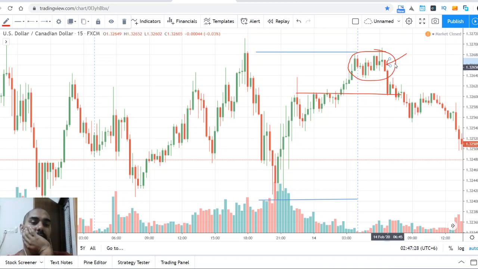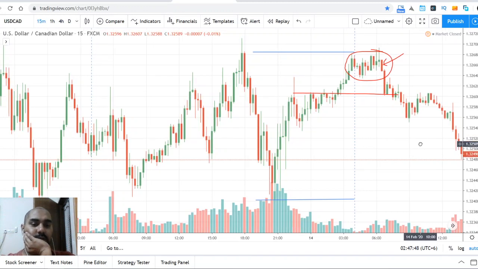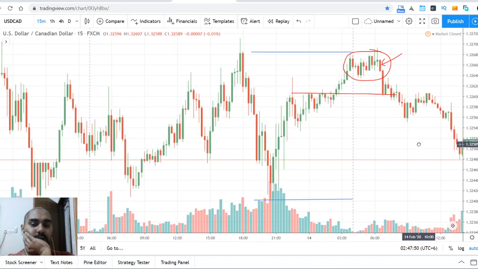Okay, so yeah, this was a sell. This was the big boys' move, and I missed it. Anyway, let's see how the market keeps going. Okay, we are approaching the end of Asia.